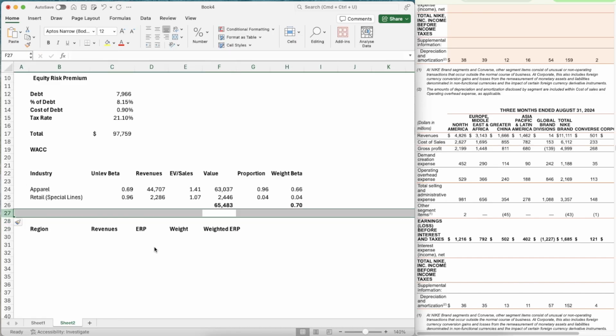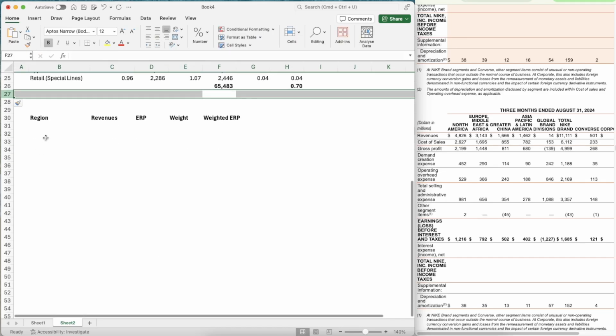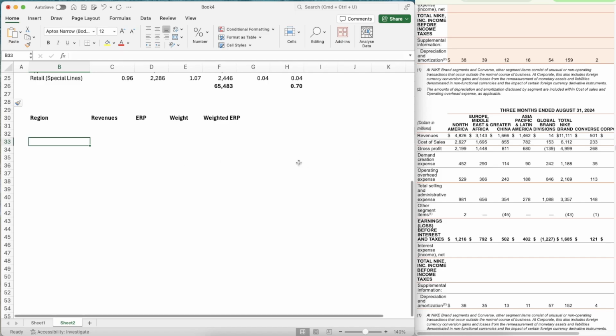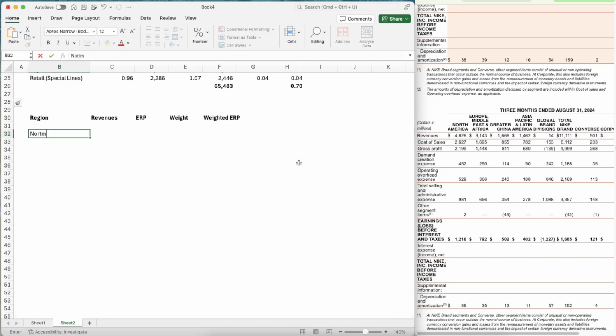Let me just put a and pull this up. So the regions, we're going to go North America, Europe, Middle East, and Africa, Greater China, and then APAC and LATAM.